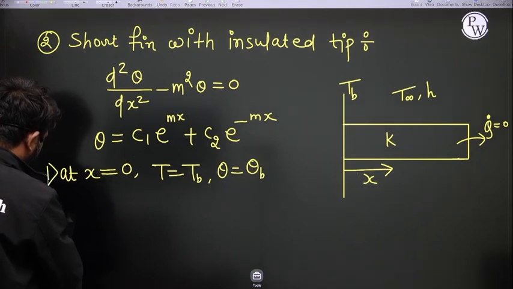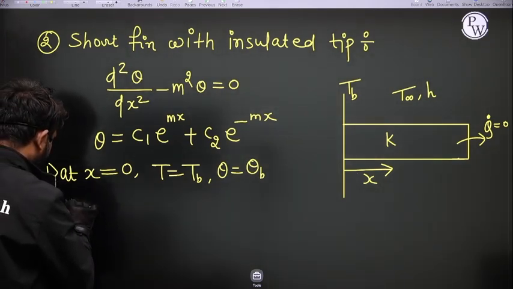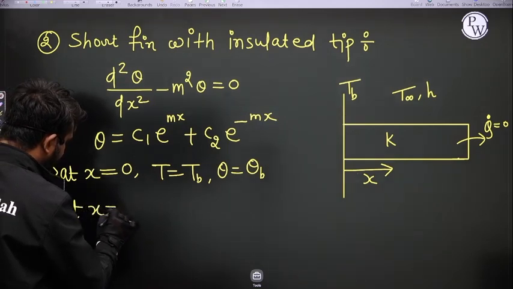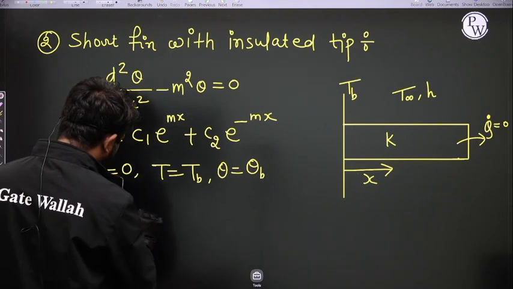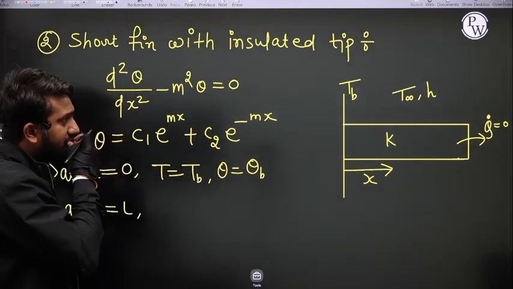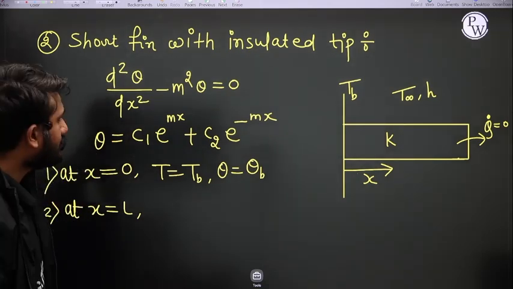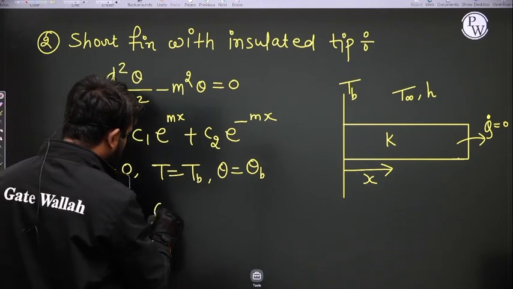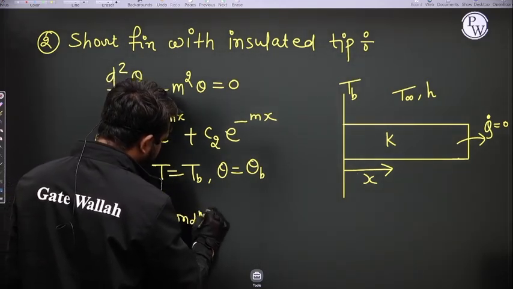What is the second boundary condition? The second boundary condition is at x equal to L, the rate of conduction heat transfer is equal to 0, because the tip is adiabatic, insulated.